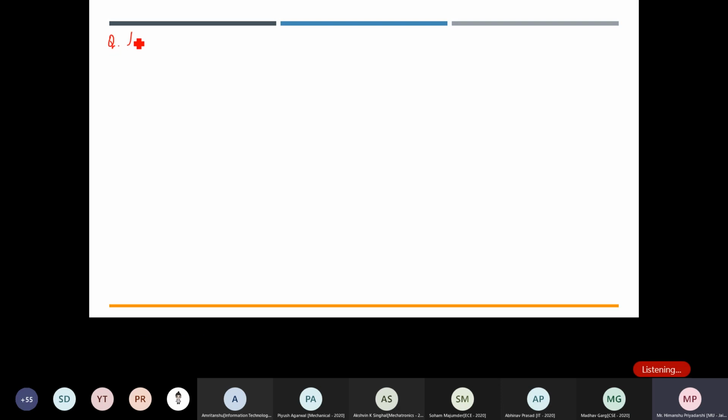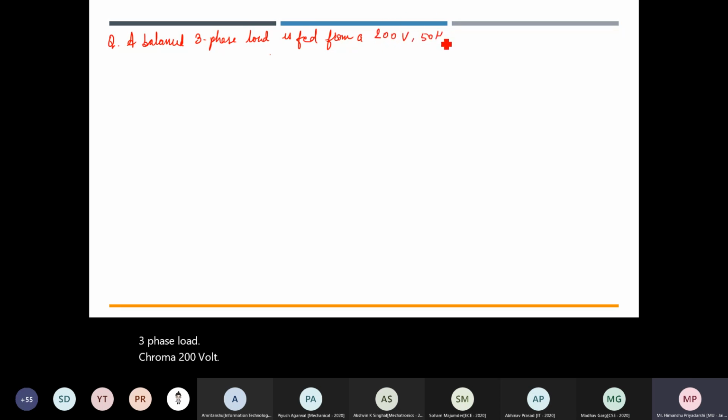Question is this: a balanced three-phase load is fed from a 200 volt 50 hertz three-phase AC supply. Okay.